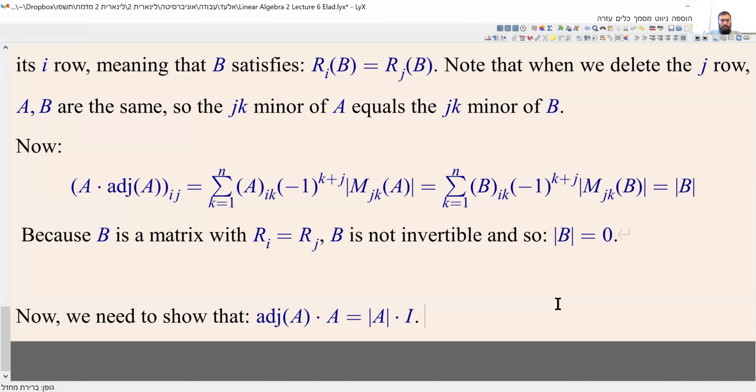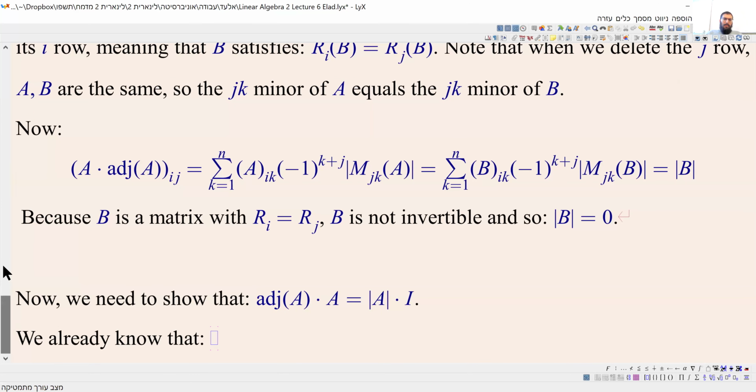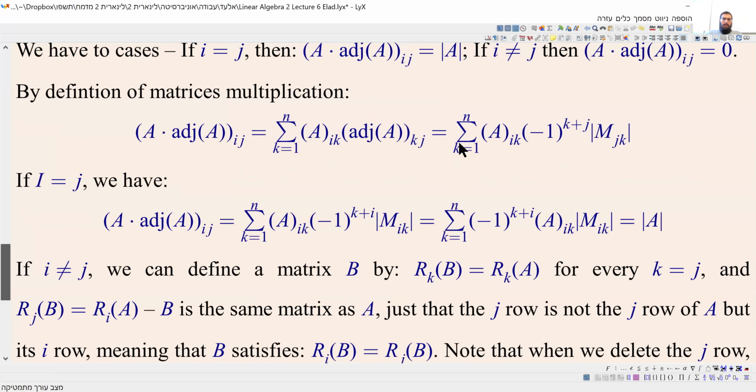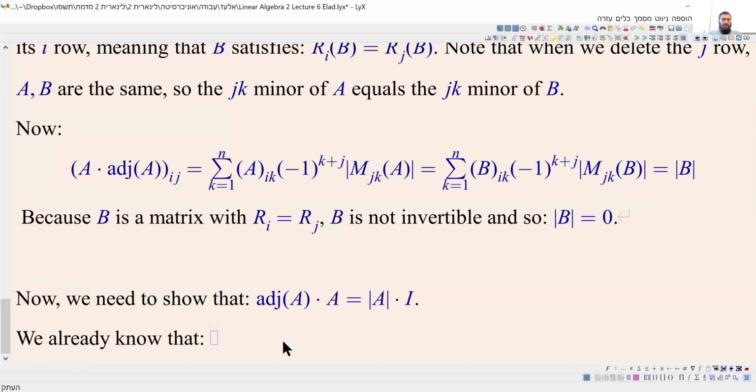We already know that it goes the other way around, what we just proved, using many fixed tricks and determinants.